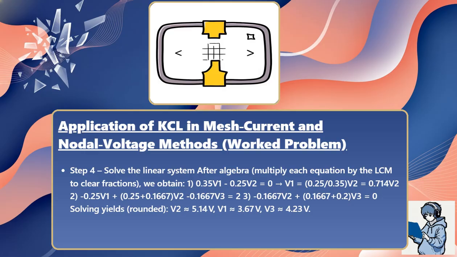Equation 3, negative 0.1667 V2 plus (0.1667 plus 0.2) V3 equals 0. Solving gives rounded results. V2 approximately 5.14 volts, V1 approximately 3.67 volts, V3 approximately 4.23 volts.